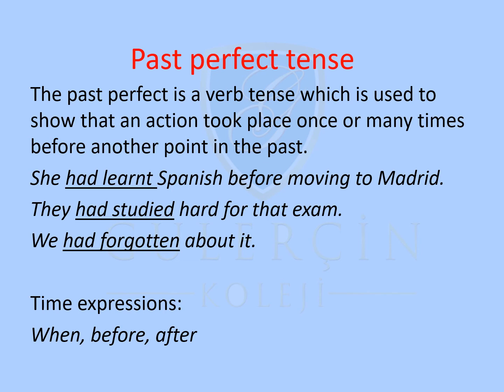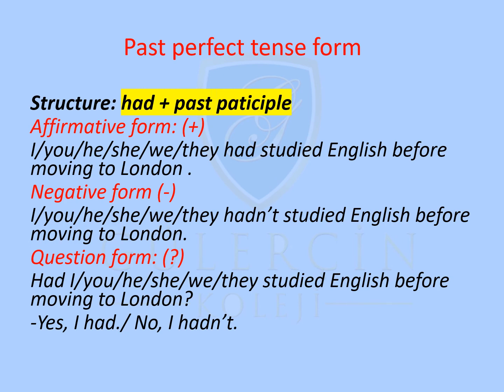The time expressions that we use are usually when, before, after. How is it formed, and how do we form the three forms, like positive, negative, and question form? First, the structure: had plus past participle. Affirmative form or positive form.